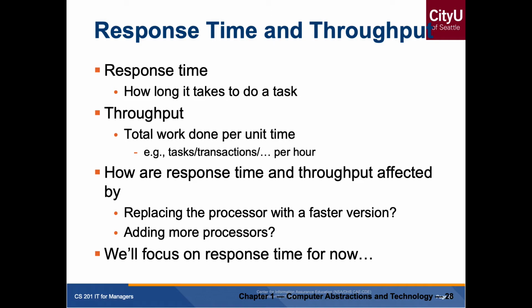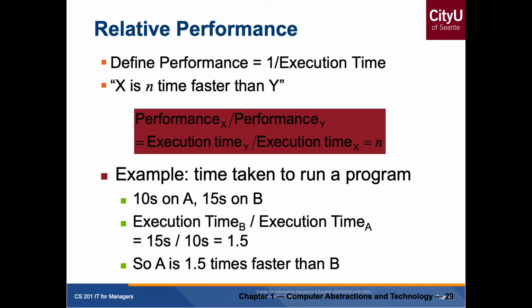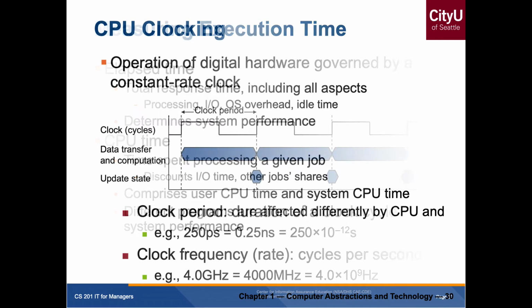These are self-explanatory. Let's move along. Relative performance. Elapsed time, CPU time, and again, whatever your operating system, you can check your activity monitor or your system performance to check it in real time.